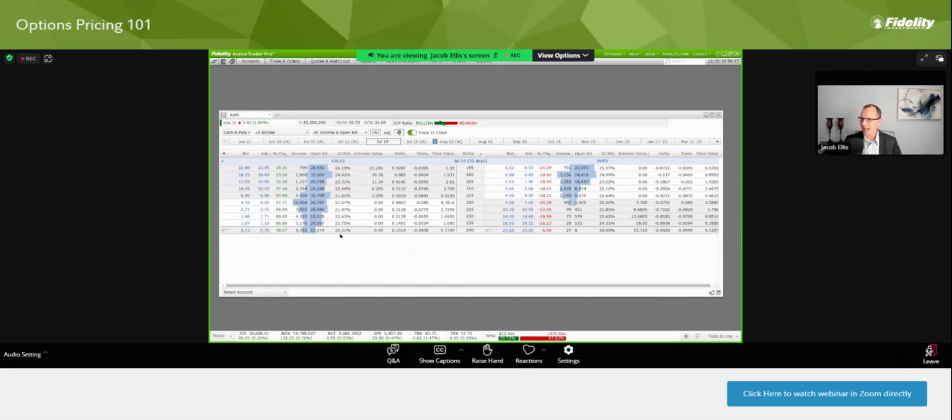This number represents an annualized number that we don't need to think about, but the important part is that saying there's a 10% chance of the stock getting to and holding above 240 by expiration relies upon this implied volatility that currently exists in the contract. So make sure that you always bring that full circle.